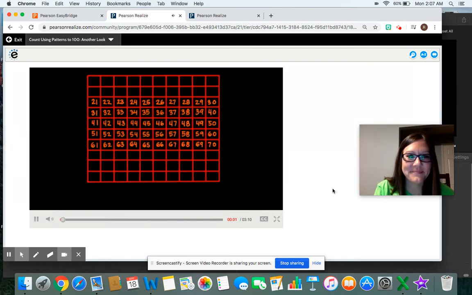Hey there! Say hello to our old friend, the 100 chart. Today we're going to use part of the 100 chart to find numbers. Our first job is to find these numbers in the chart: 32, 33, 34, 35, 36, 37, 38, 39.